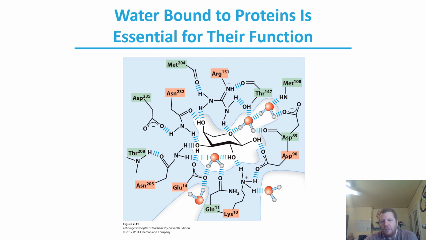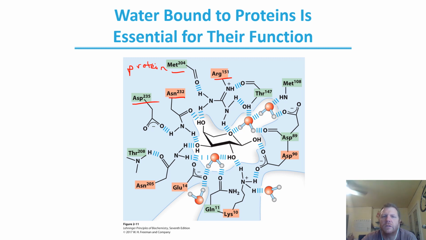Now, what this shows you is a little bit of a preview, but I want you guys to appreciate this. We've got a whole lot going on here, and I think it's pretty darn cool. We've got this blue area, which is your protein. Now we've got ASP235, ASN232, MET204, ARG151.